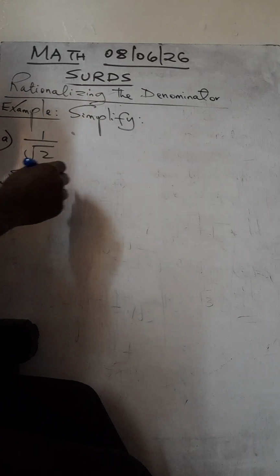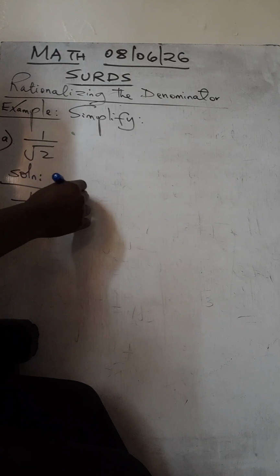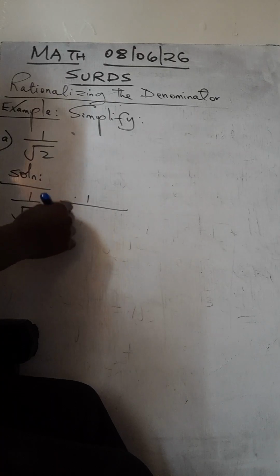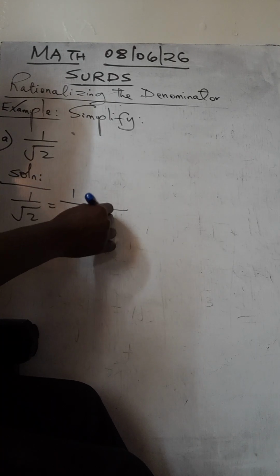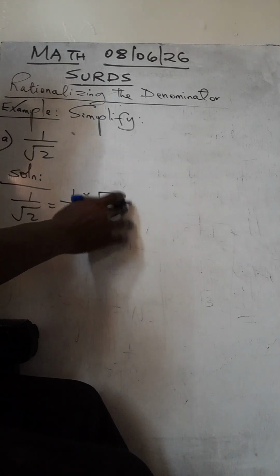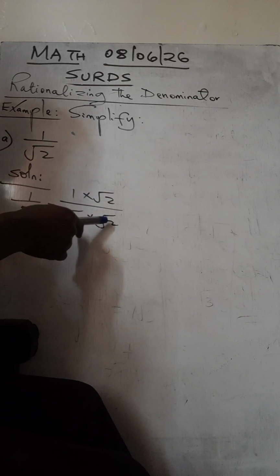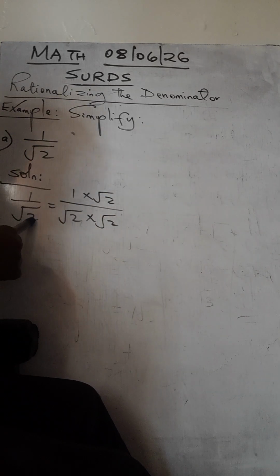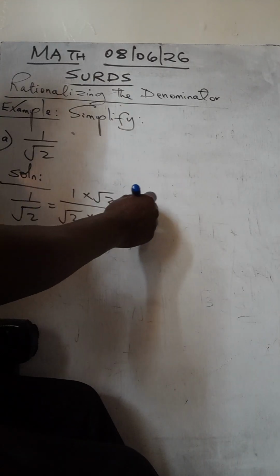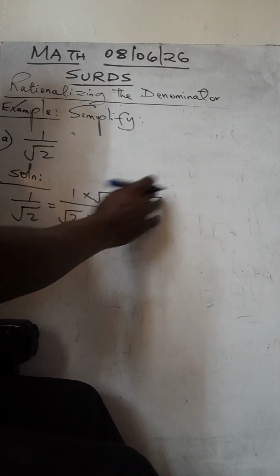And how do you do that? You multiply here by the irrational root, here by the irrational root, down and up. You multiply both the denominator and numerator by the irrational denominator. So this times this is just root 2.